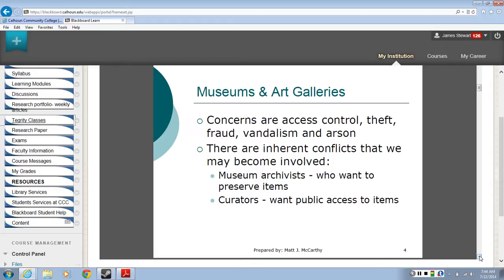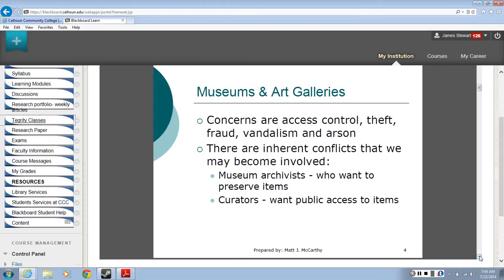There was one, and I can't remember exactly where the museum was or what the exhibit was, but some lady was kind of psychotic, and she came in and she was throwing blood and urine on a priceless piece of artwork because she didn't agree with what it was representing, and so she actually destroyed it. She was arrested, and of course she had a fine and she had restitution, but in many of these cases, some of these pieces of artwork may be destroyed, and you can never get them back once they are destroyed.